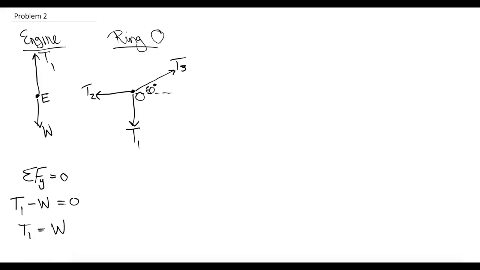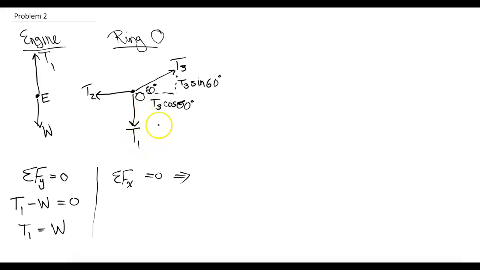And now, similarly for the ring, we have two parts. We have the sum of the forces in the x direction equals 0, which implies that if we look at the T3 parts, we have the tangential component and the vertical component of T3.